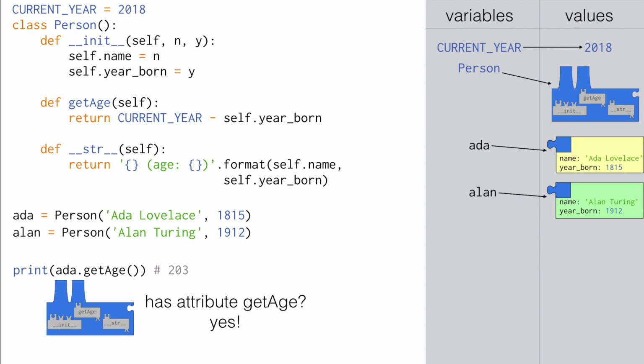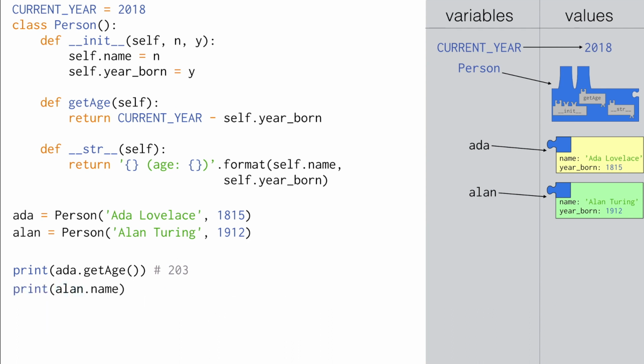So here self is Ada. And that means that when we ask for self.yearborn or Ada.yearborn, then we get 1815. And when we take 2018 minus 1815, then we get 203, meaning that this expression prints out 203.